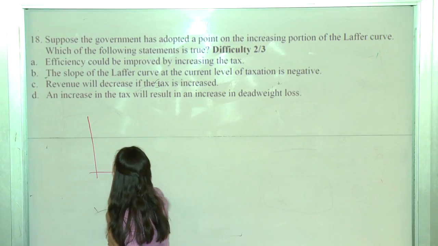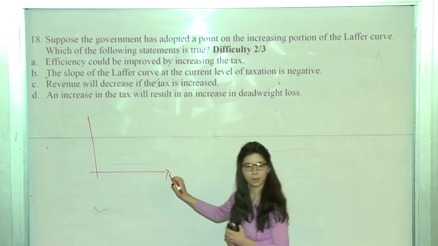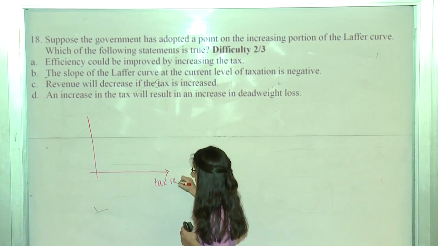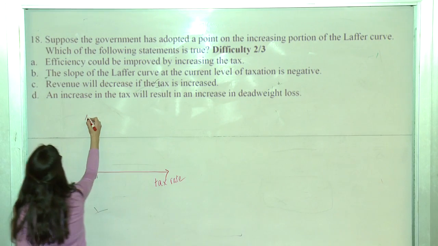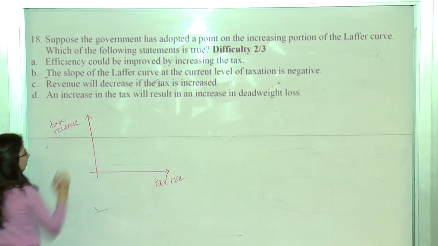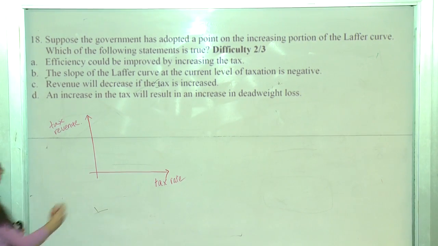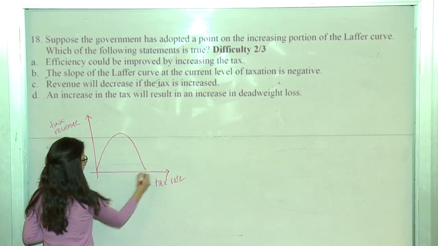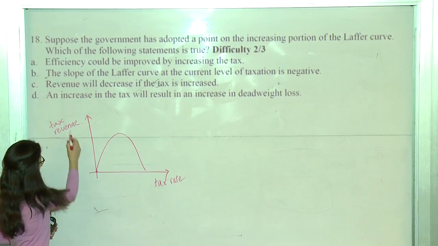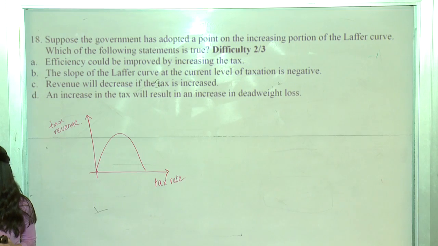If we were to graph, can everybody see the red? Yeah. If we were to graph the tax rate against the tax revenue, we would see the following shape. Where for a tax rate of 0, we would expect to receive 0 revenue.